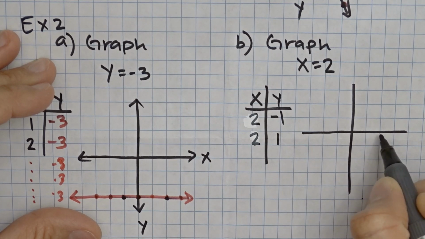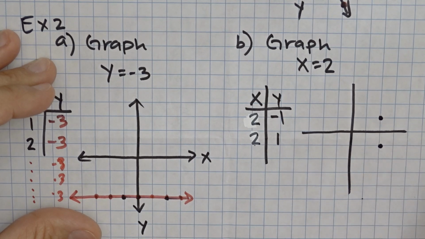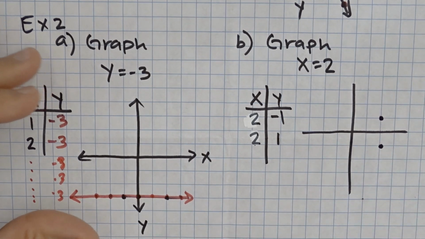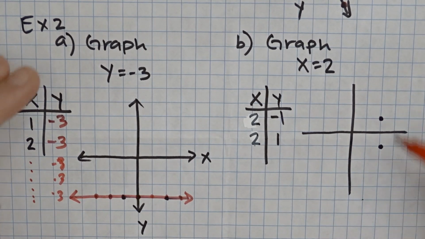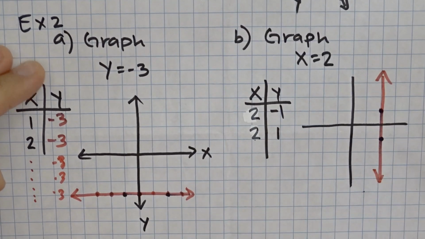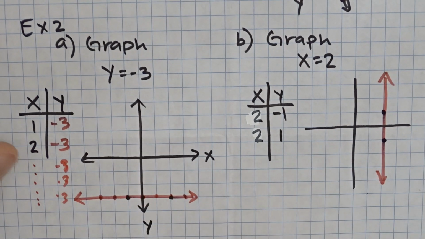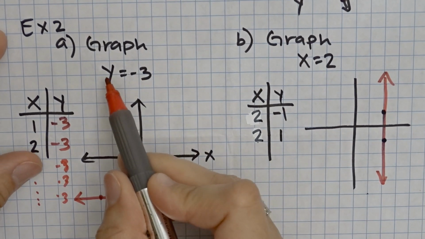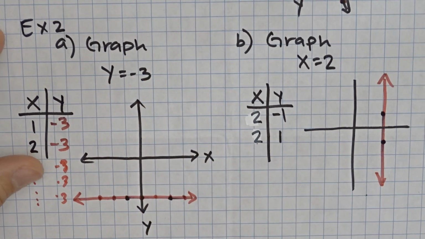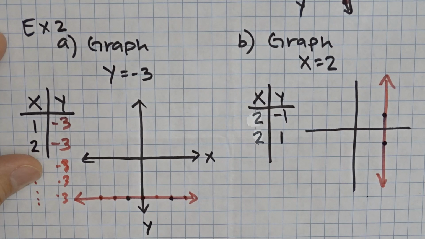2, -1. 2, 1. Those are my 2 points, and the line that goes through them is this vertical line. Now, if you were thinking vertical, you're right. So, simple rule. If you got a y equals equation with a constant, it's going to cross the y-axis at that number.